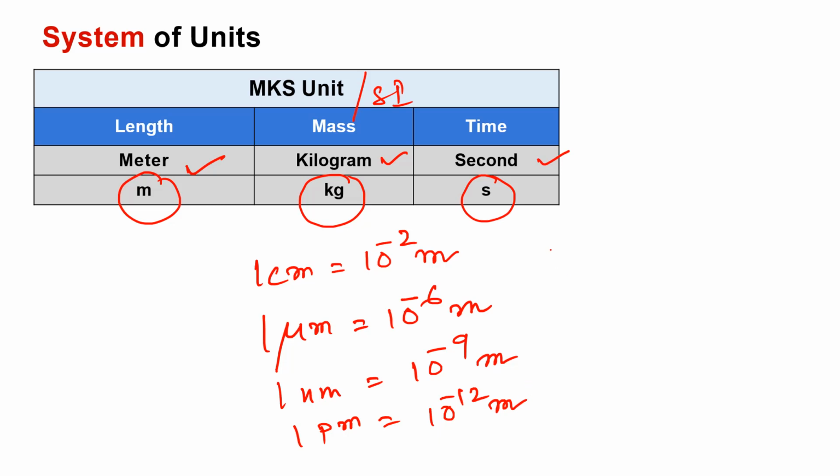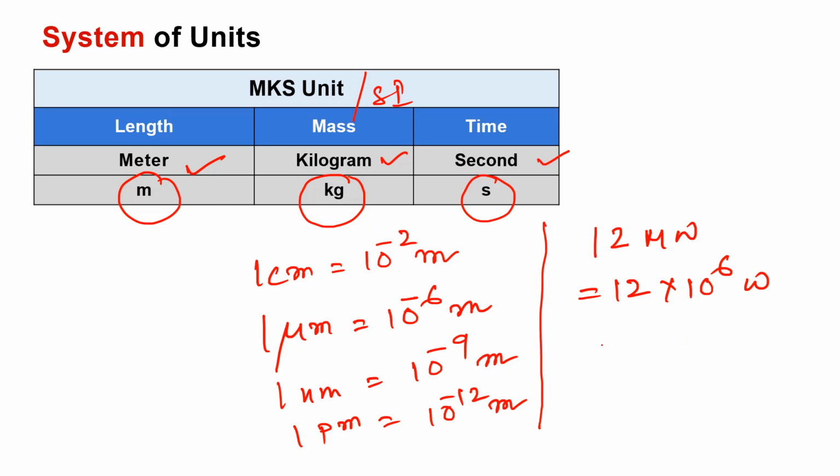Sometimes it is also represented like this. Suppose I'm measuring power. In a power plant, the total power produced is equal to 12 megawatt. The meaning of this capital M is that it is equal to 12 into 10 to the power 6 watt.